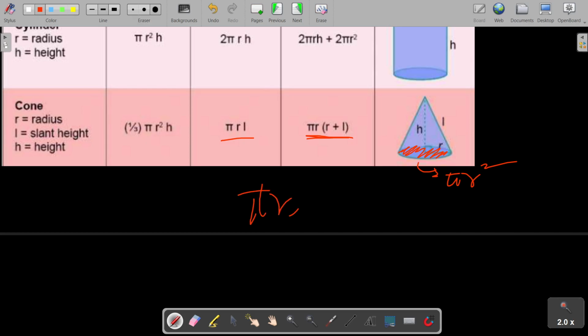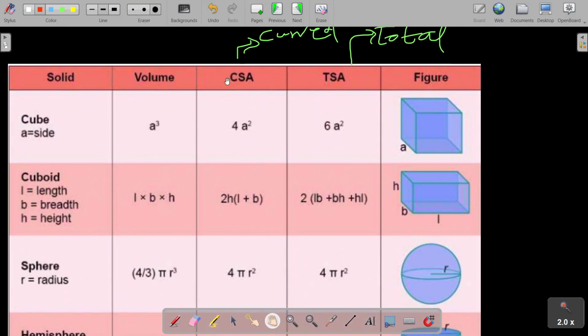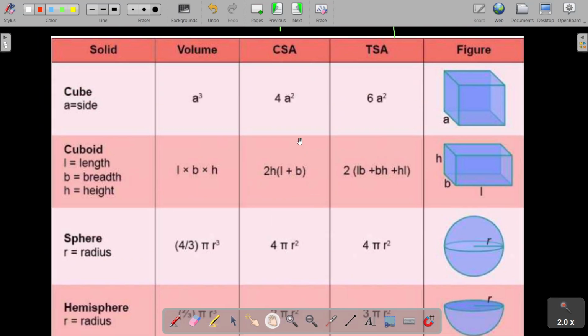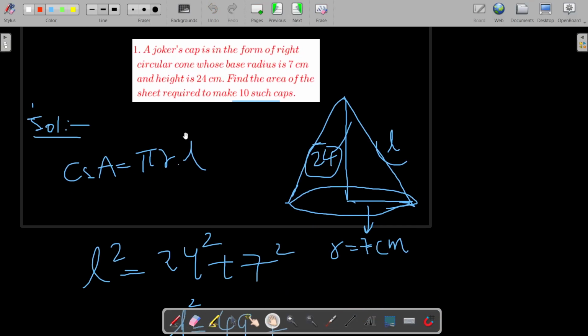So pi r l plus pi r squared. If we take pi r common, we get pi r times (r plus l). So that's it, it is a simplified form. I think that's it for curved surface area, total surface area, and volume of 3D shapes. I'm going to use this table while dealing with problems. So let's move on to problems.